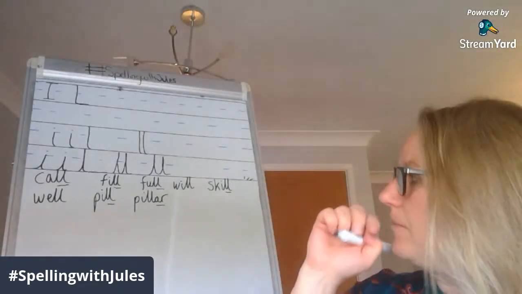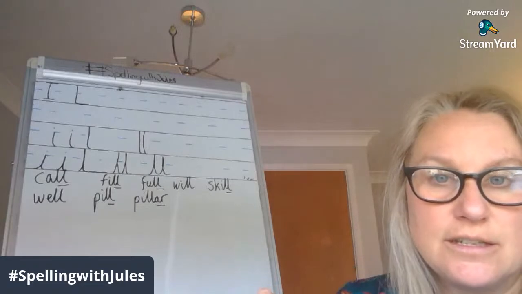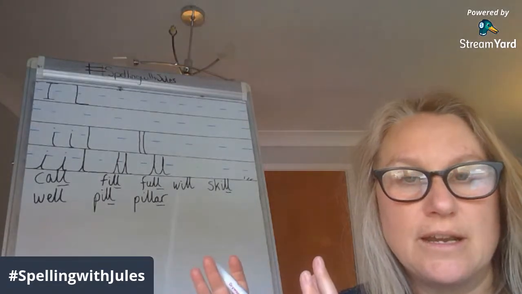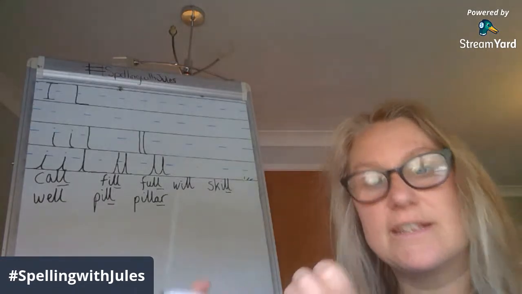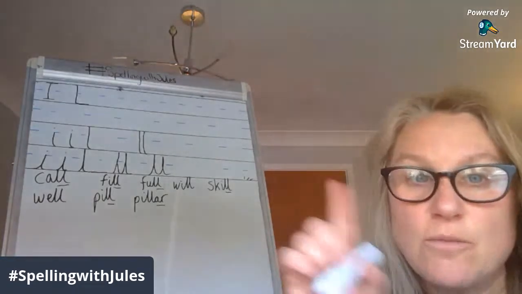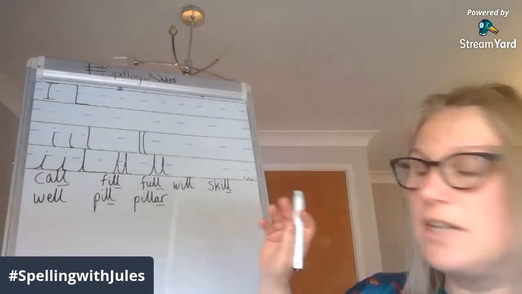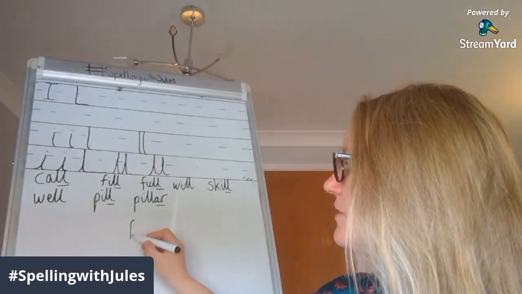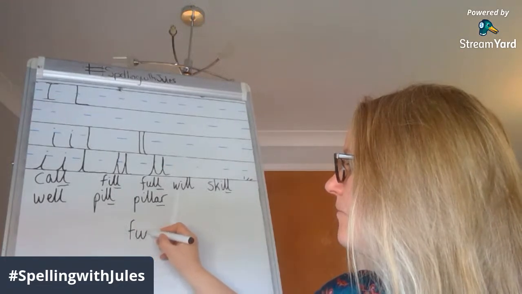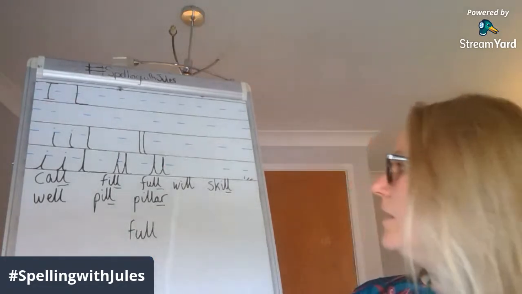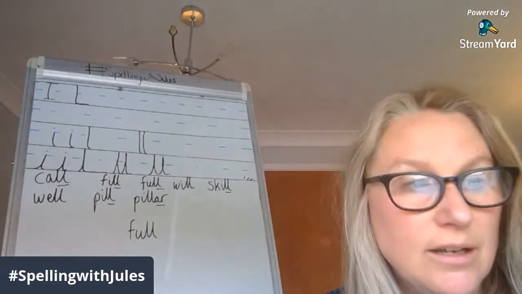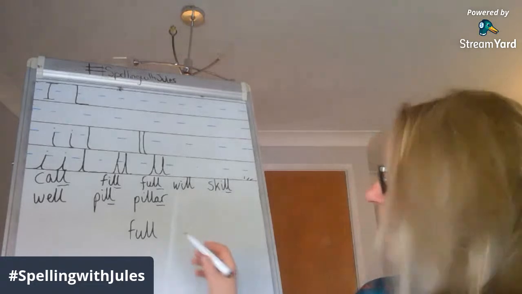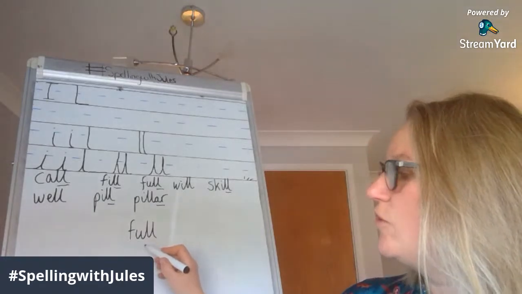Okay, now we now need to start looking at things like root words and prefix and suffix. Okay, don't worry if you don't know these words. I'm just going to introduce you to it and then we might do a little bit more. So if we look at full, for instance, if we want to make that fuller or fullest, then we add, so that is what we call our root word.